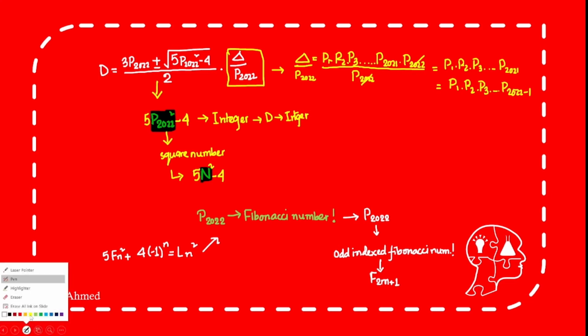Okay, all right, so let me clarify this one also with my highlighter, and here I think it's going to work now. Yes, this one is an important term for our denote, and you can say this is a key term for our next steps. So let's move to our next step also. We have written previously that d is equal to 3 times p of 2022 plus or minus. So here let me clarify this whole term properly.